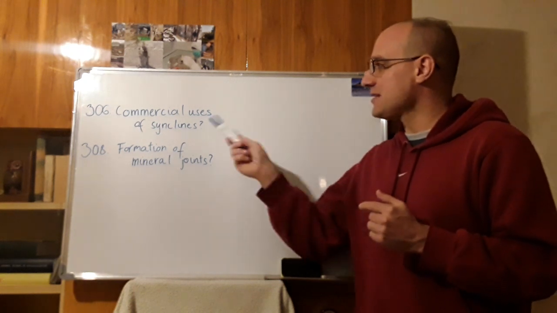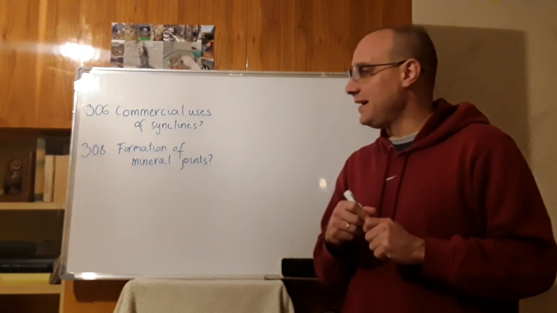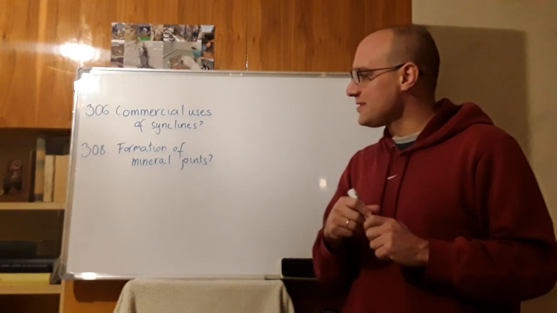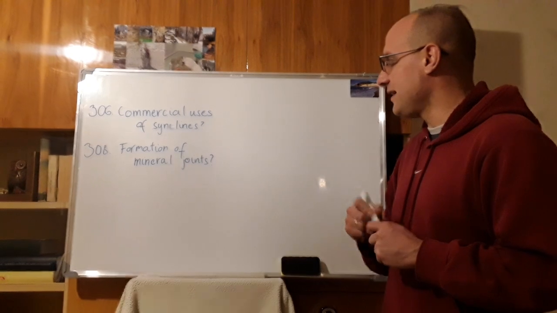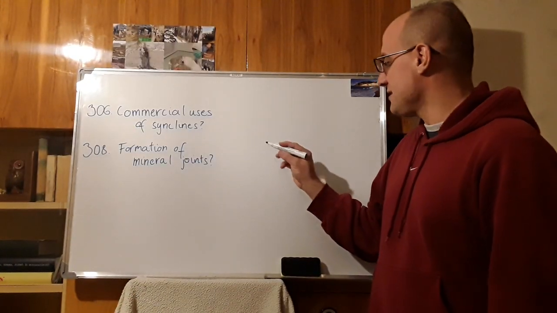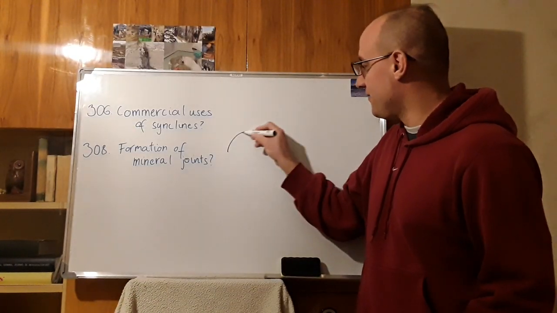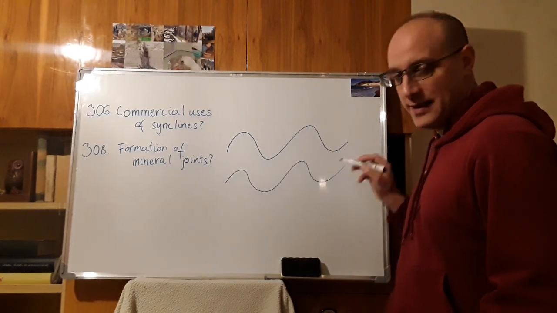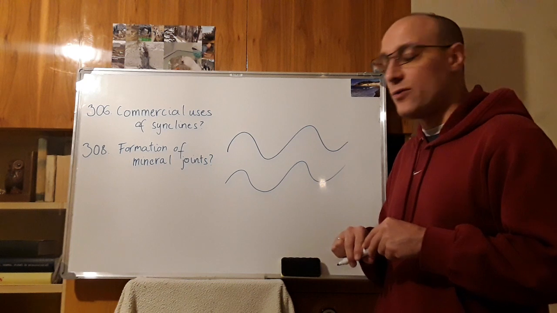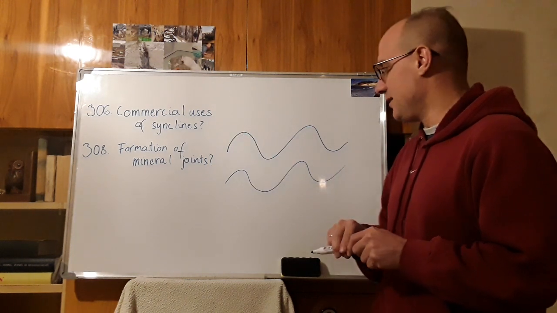Now, you were asking about 306 and 308. First of all, it says commercial uses of synclines. What is that? Or the economic uses of synclines. First, we should know what synclines are, and I'm sorry if this wasn't clear in that exact lecture, but later on when we were talking about groundwater, I did mention that a little bit.